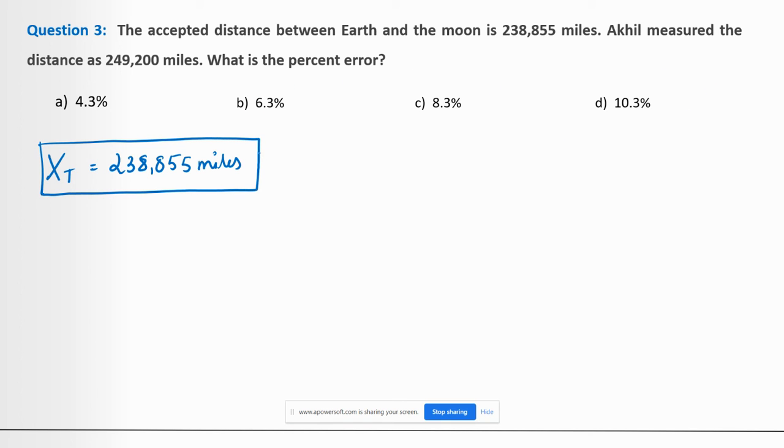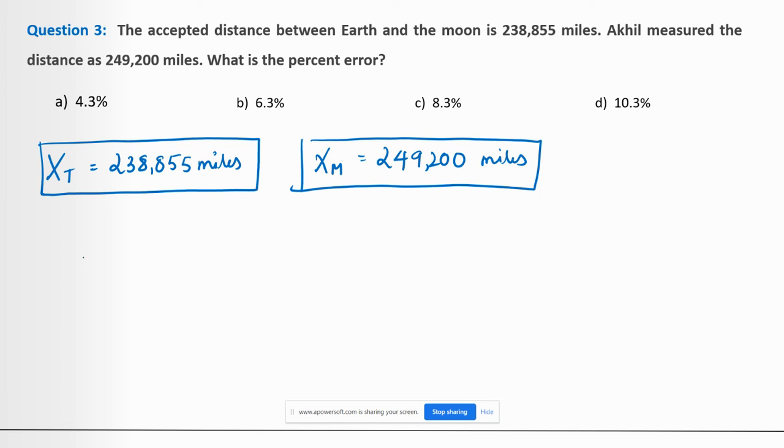Akhil measured the distance, so xm is also given: 2,49,200 miles. We have to calculate our percentage error. The percentage error is given by (xt minus xm) divided by xt, multiplied by 100. This is the formula for percentage error.